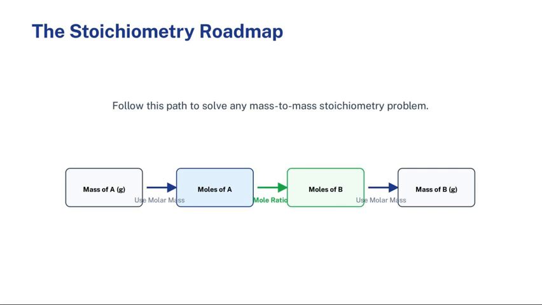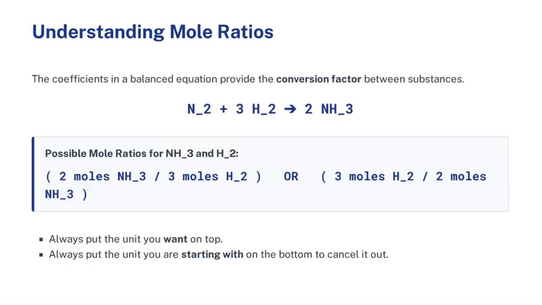Yep, okay, so we're gonna go into understanding mole ratios. The coefficient in a balanced equation provides the conversion factor between substances. So the possible mole ratios for NH3 and H2 are 2 moles divided by 3 moles or 3 moles divided by 2 moles. A mole is just a unit.